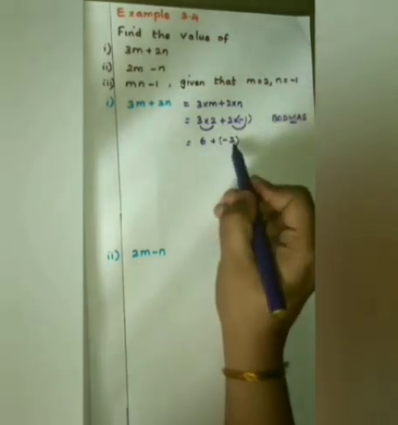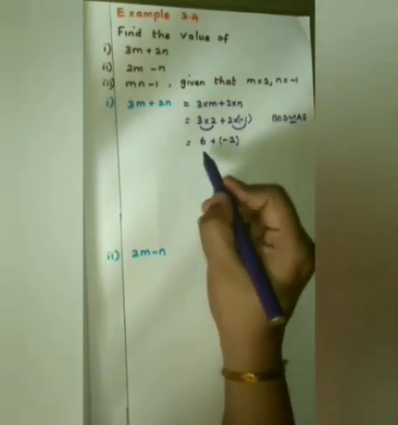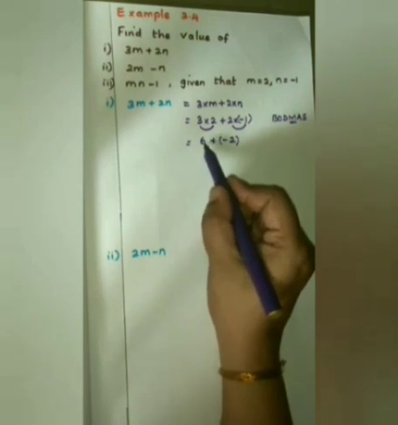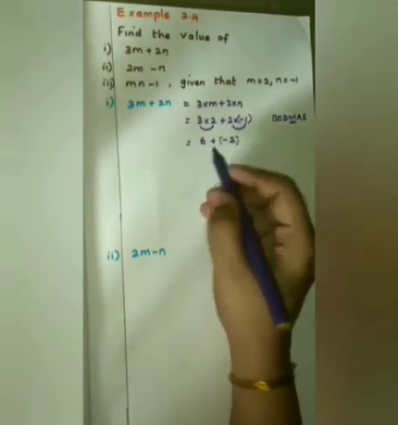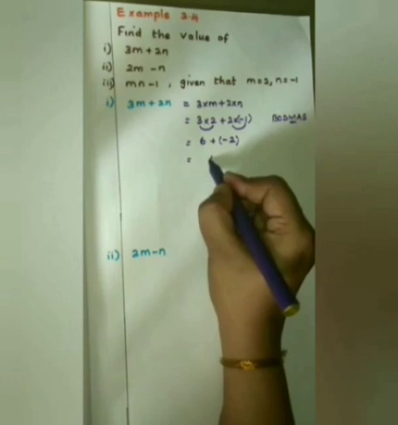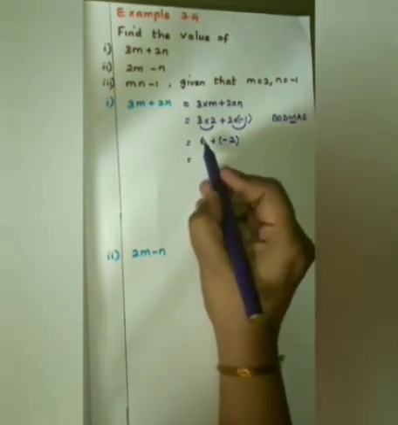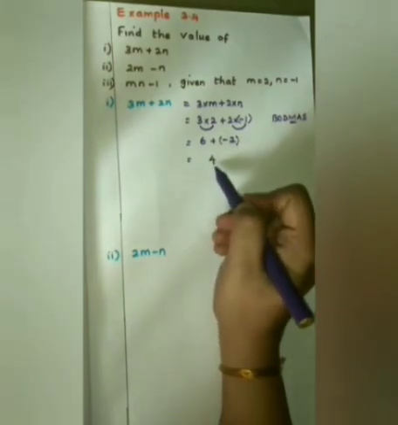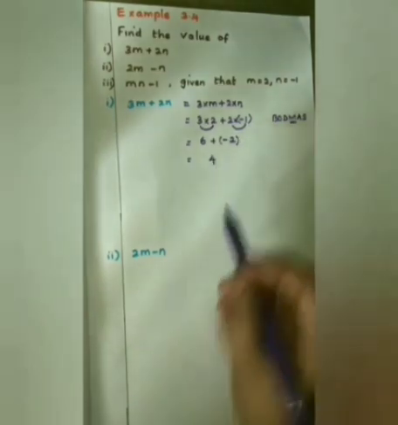Now the integers are of opposite sign, so subtract the smaller number from the bigger number. 6 is bigger, so subtract 2 from 6, you get 4. And put the sign of the bigger number. Here 6 is positive, so 4 also remains positive.